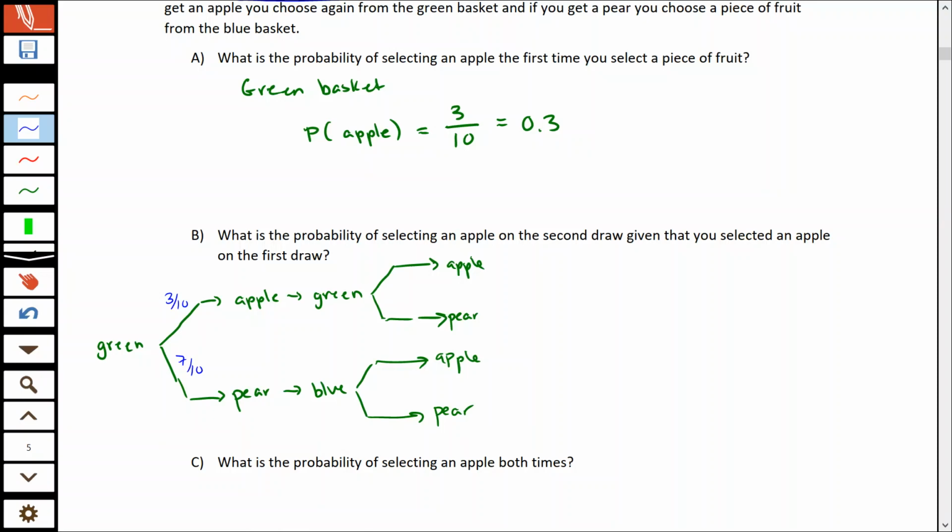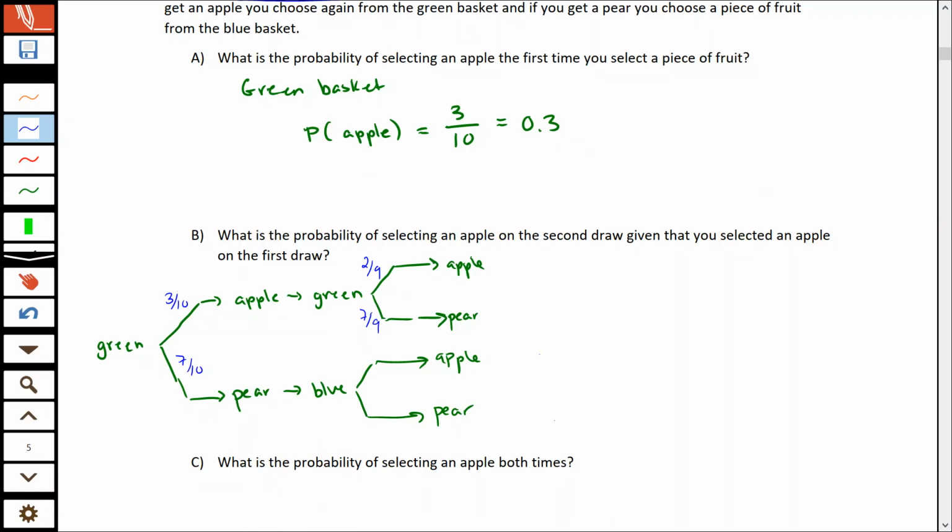If we select an apple, when we choose again from that green basket, well, we've already taken an apple out of the basket. So now to get an apple again, it's only going to be 2 out of 9 for our probability. There's only 2 apples left, but there's 9 pieces of fruit in total. The chance of getting a pear, well, we didn't pick a pear, so there's still 7 pears, but it's out of the 9 possible pieces of fruit there.